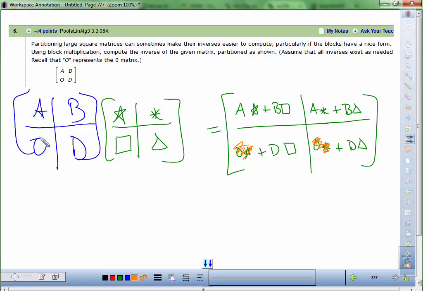So if this in fact is the inverse of the original matrix, then we should have zeros in different places, right?